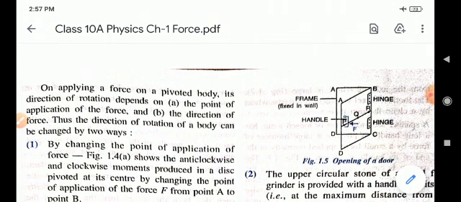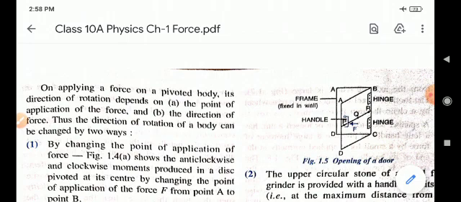We can notice that if we apply the force at a point Q near the hinge R, a much greater force is required to open the door. If the force is applied at the hinge R, we will not be able to open the door however large the force may be, because for the force at R, the torque will be 0.